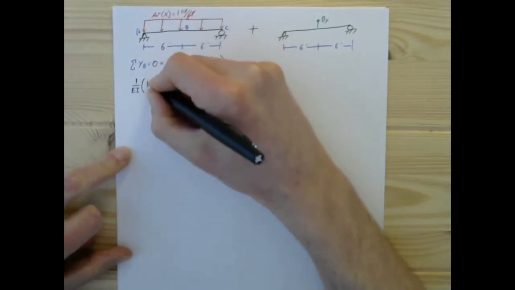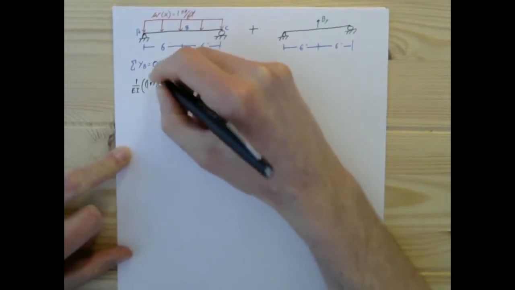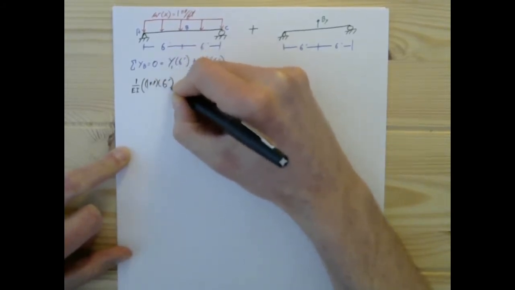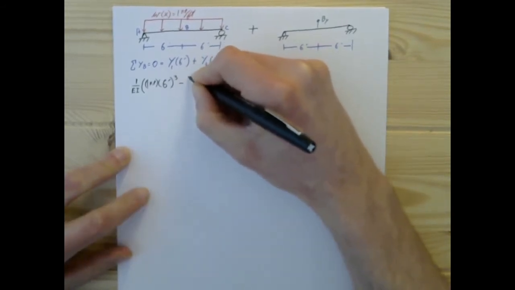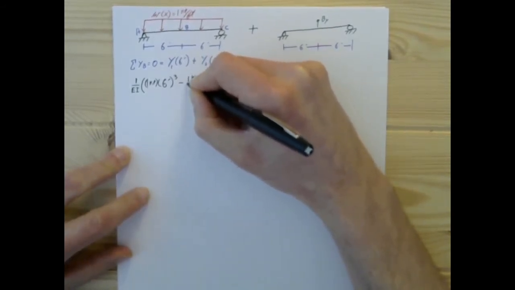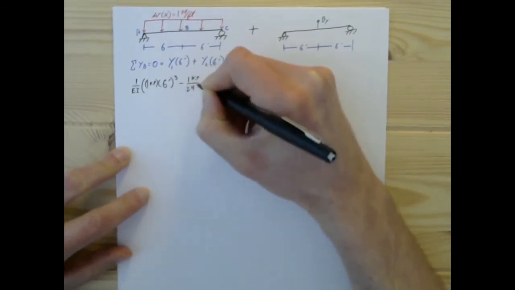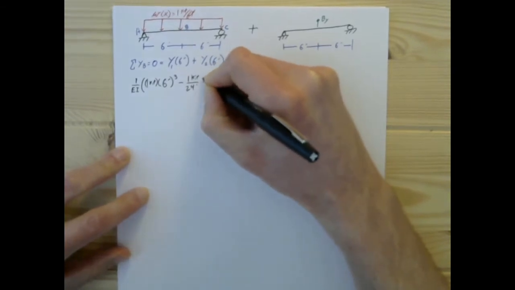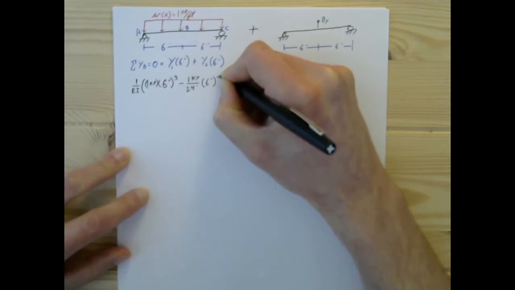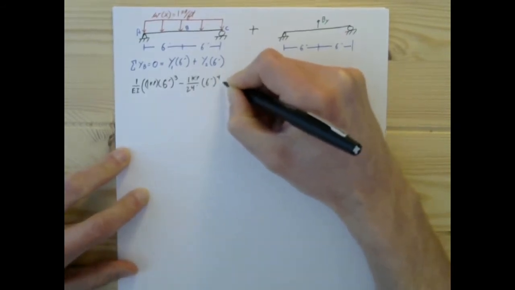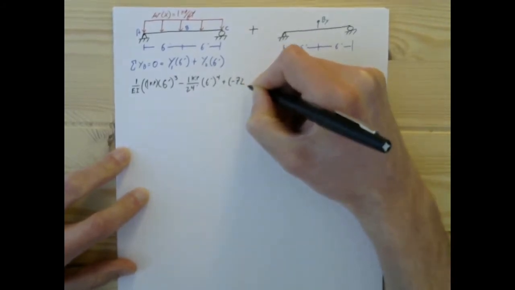Times 1 kip times 6 feet cubed, minus 1 kip over 24 feet times 6 feet to the fourth, plus negative 72.